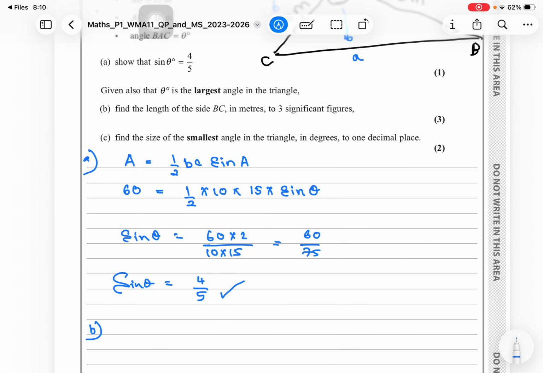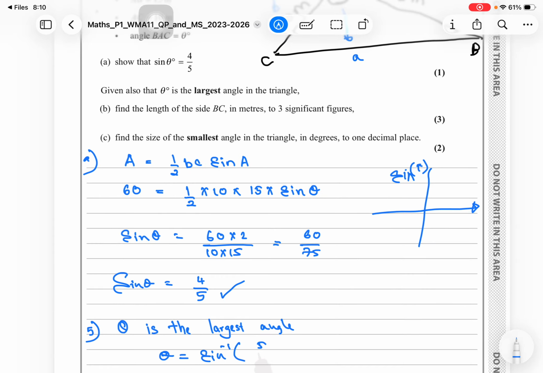Since theta is the largest angle, and sine is positive here according to the quadrants, we have to take the obtuse solution.